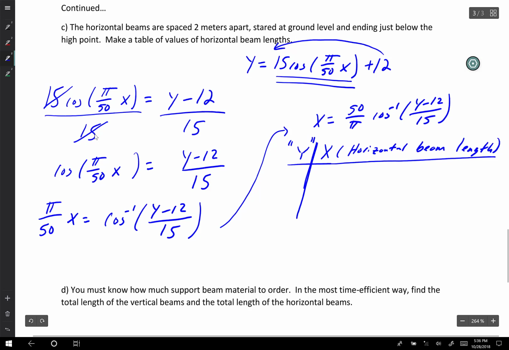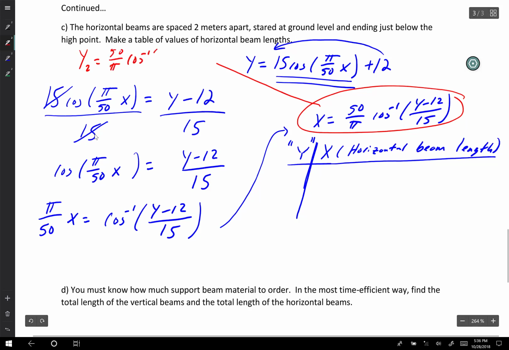So here's what you're going to do, guys. Insert this into your calculator, and here's how you're going to insert it. Go to y2, leave y1 alone, and type it as 50 over pi, arc cosine of x minus 12 over 15. So do that in y2, guys.